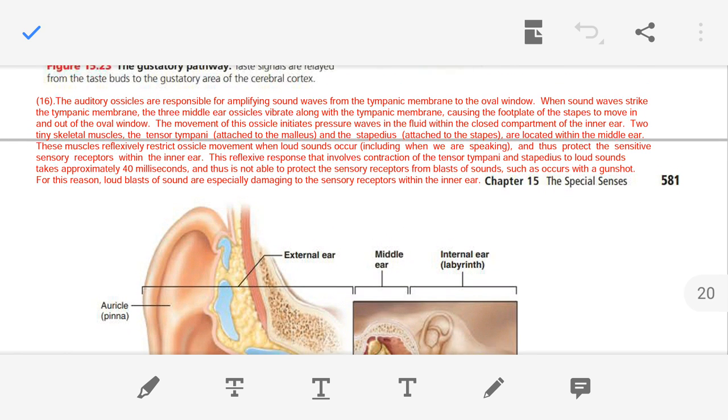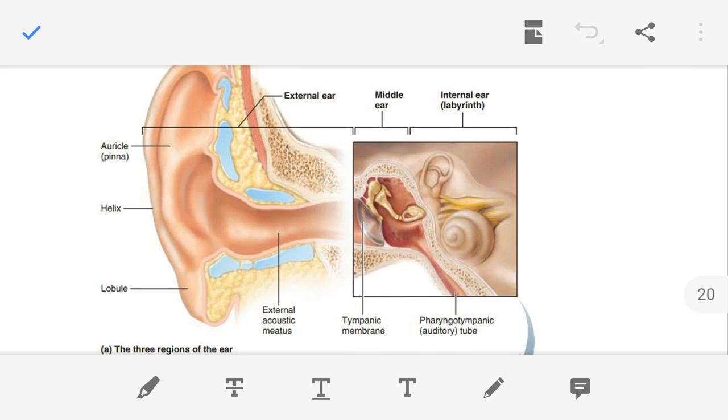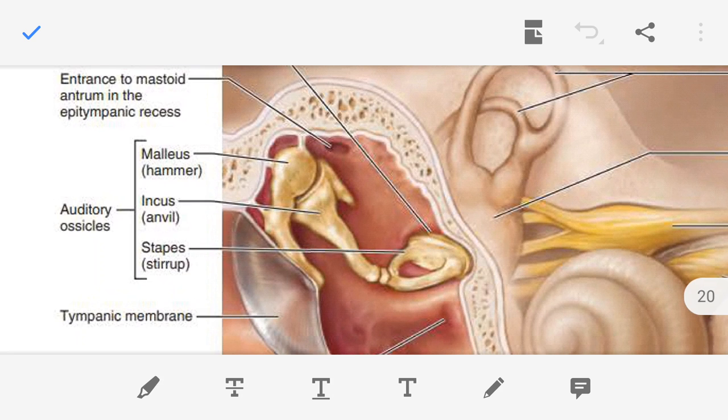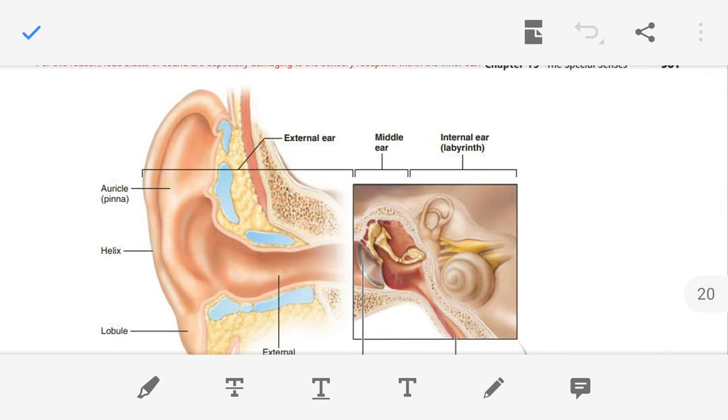Now the function of auditory ossicles. What is the role of this malleus, incus, and stapes in our hearing process?